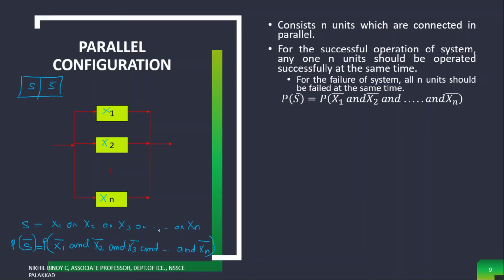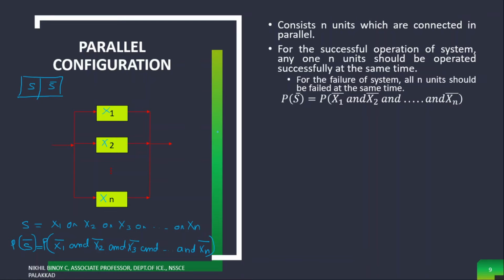So P of S bar is equal to P of x1 bar and x2 bar and etc. and xn bar. The probability of failure of the system equals the probability of simultaneous failure of all n components. So this is P of S bar.